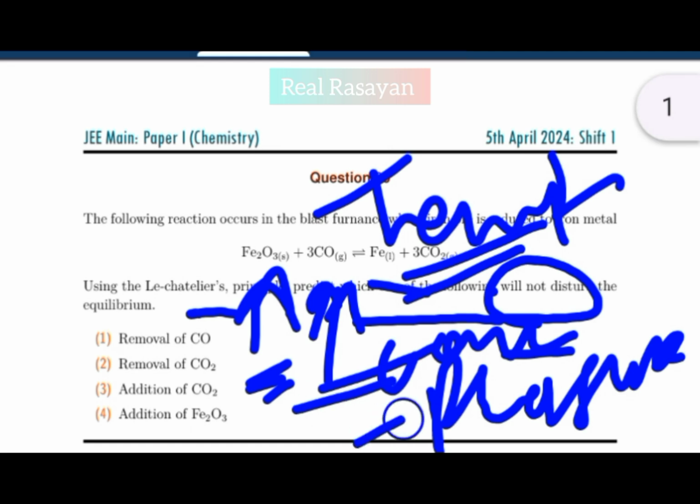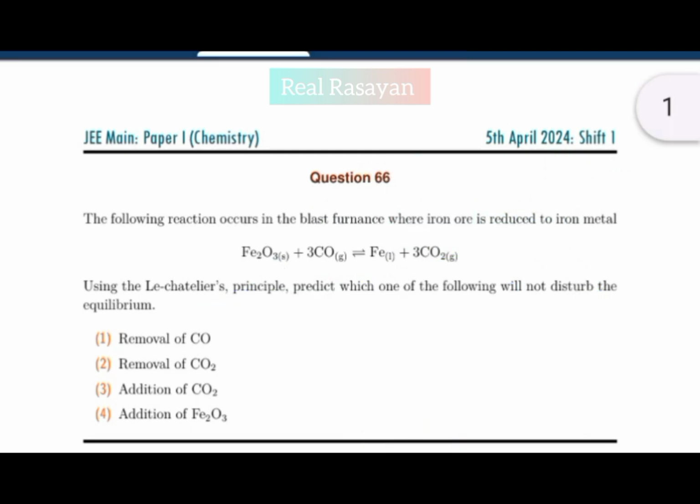That involves the shift in the equilibrium in backward and forward directions. So the pure solid Fe2O3 is taken as constant, that does not involve a change in equilibrium. So addition of Fe2O3 will be the right answer.